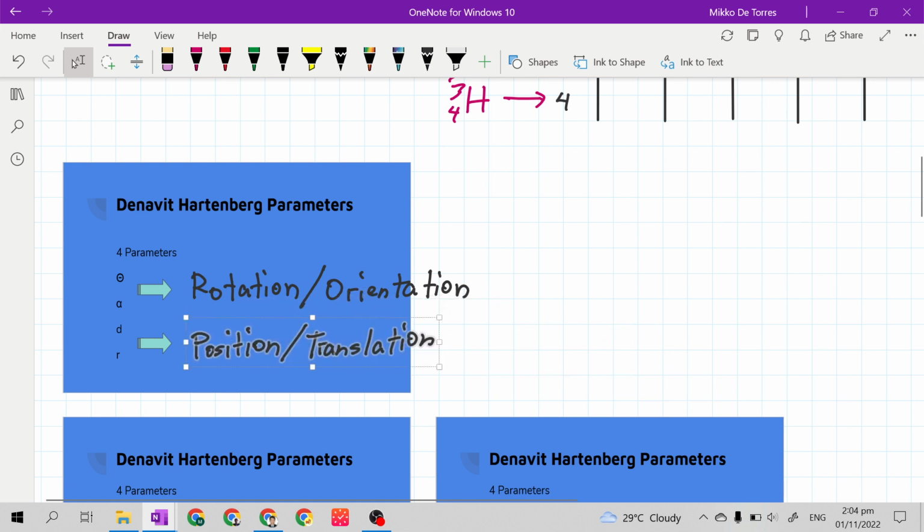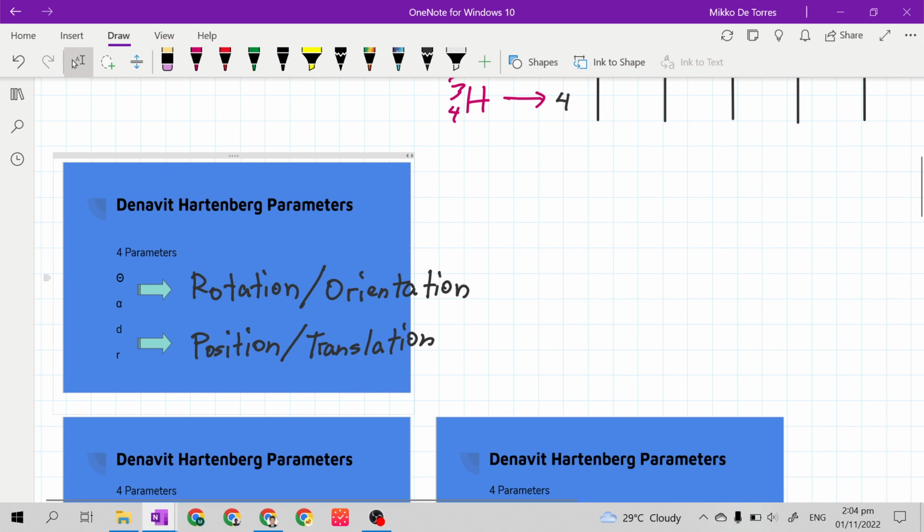Okay. So the units of the rotation orientation parameters are radians or degrees. Then the position or translation parameters have units of length. So it can be centimeters, millimeters, inches, or feet.